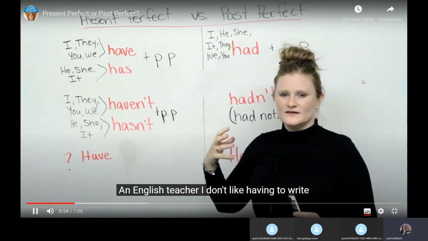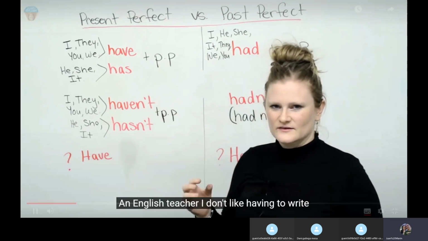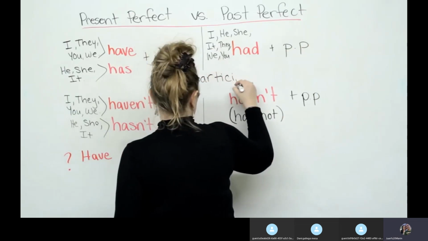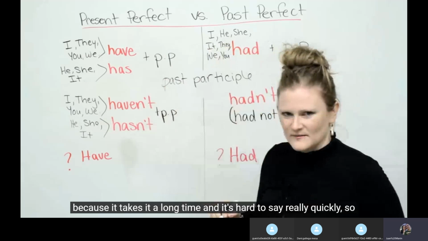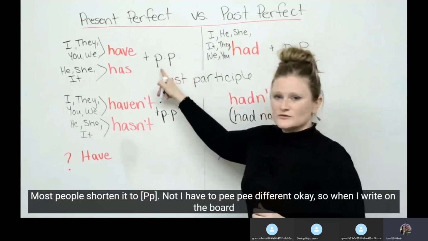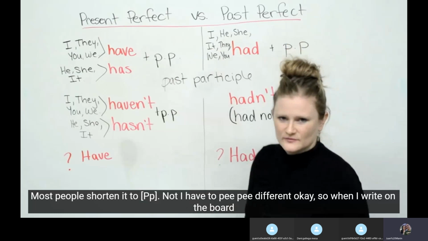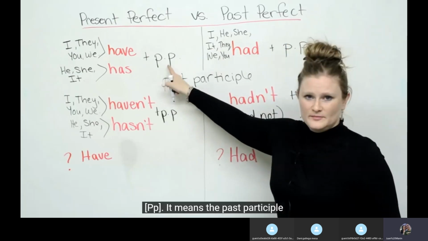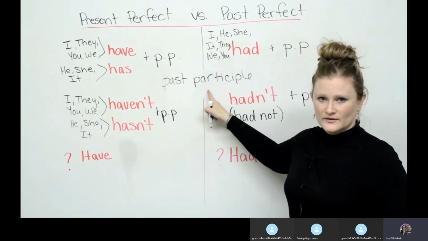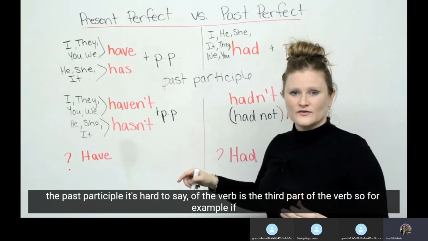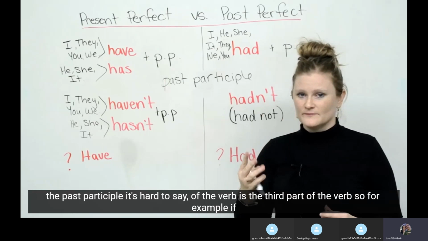Now, as an English teacher, I don't like having to write past participle because it takes a long time and it's hard to say really quickly. So most people shorten it to PP. Not, I have to PP, different, okay? So when I write on the board PP, it means the past participle. The past participle, it's hard to say, of the verb is the third part of the verb.